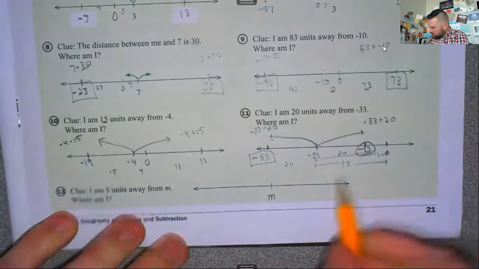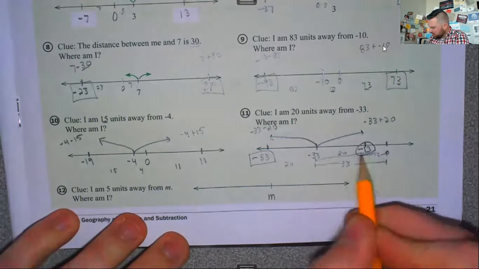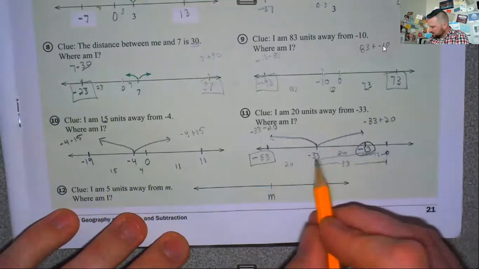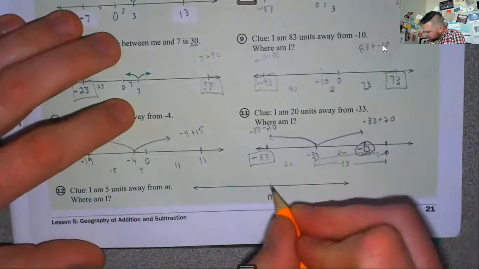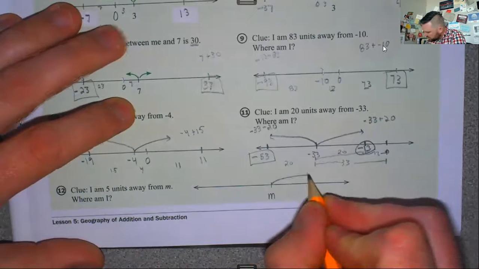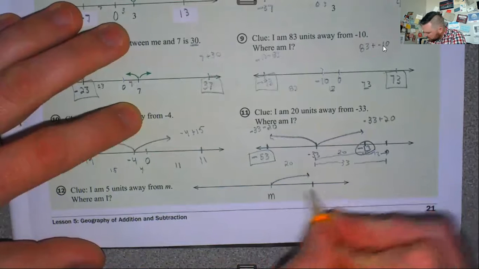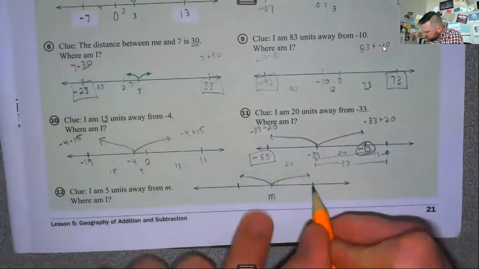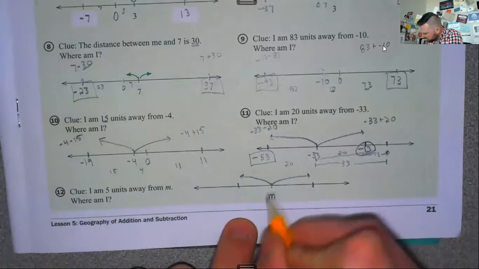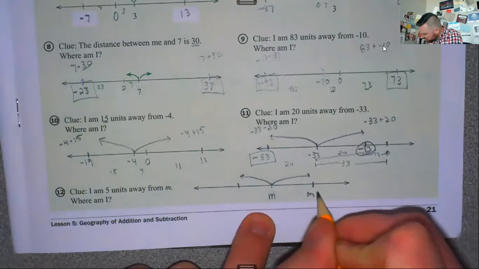Look, I drew number lines all over this thing. I have one number line, but then I have some distances represented. I am 5 units away from M. Where am I? So we're going to go this way, 5 units. And we're going to go this way, 5 units. So this number right here is whatever this number is, M, plus the 5.